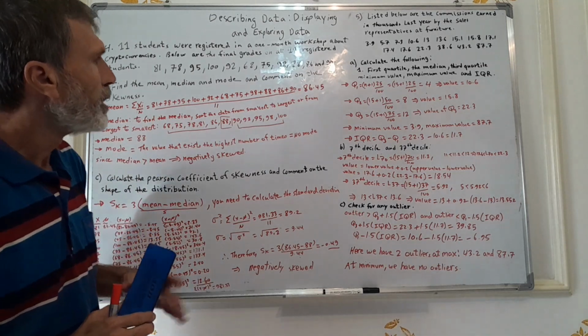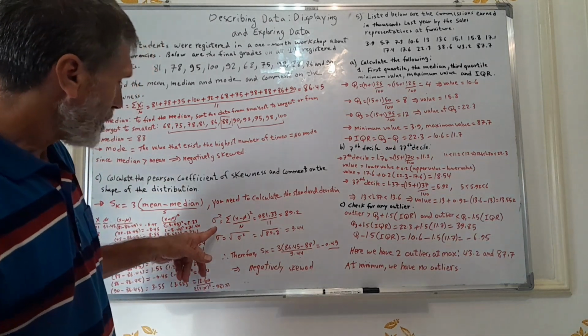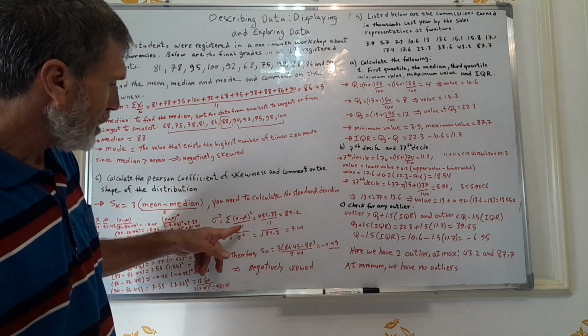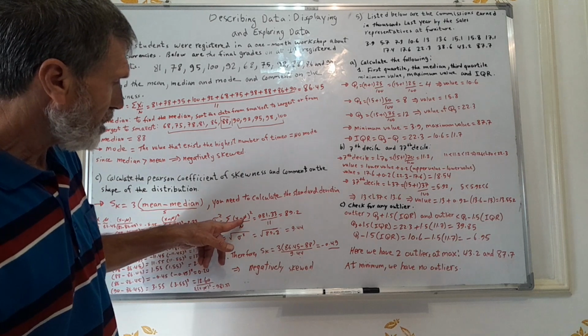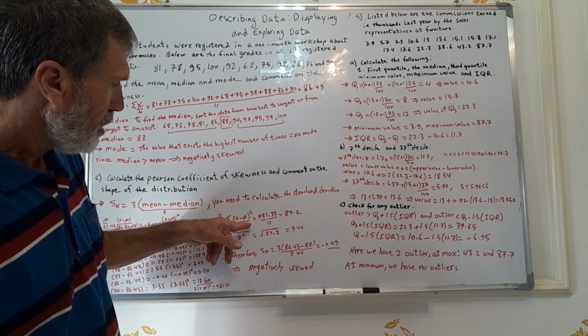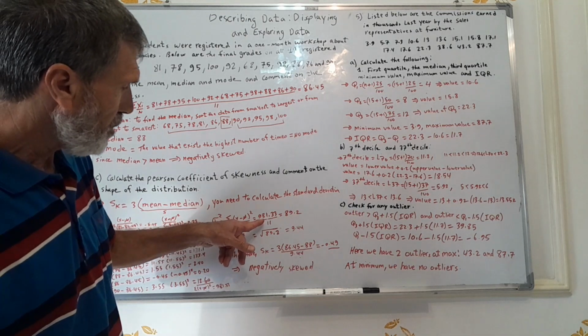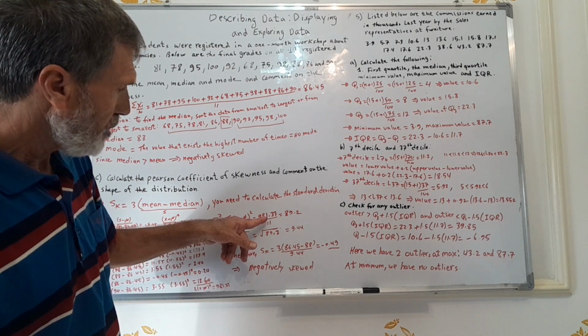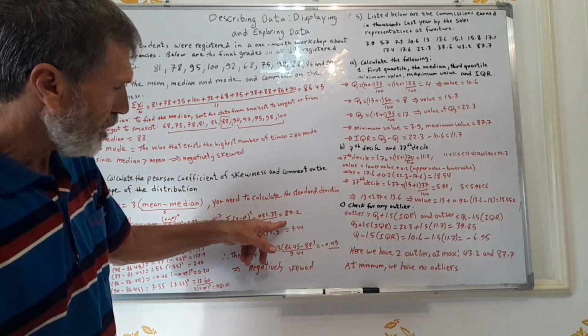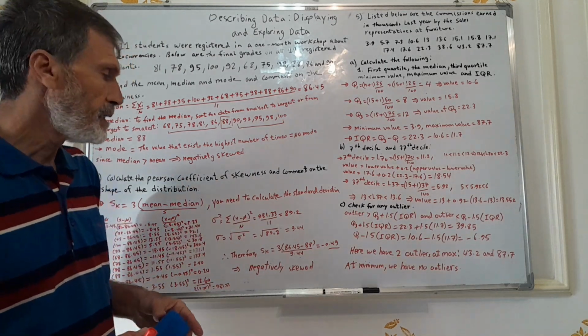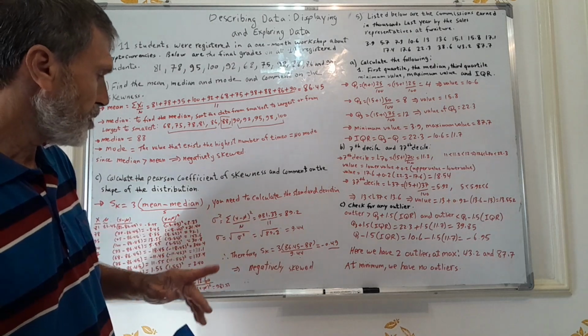Now sigma squared is the summation of x minus mu squared over n. We got 981.33 over 11, we got 89.2. This is the variance, okay?